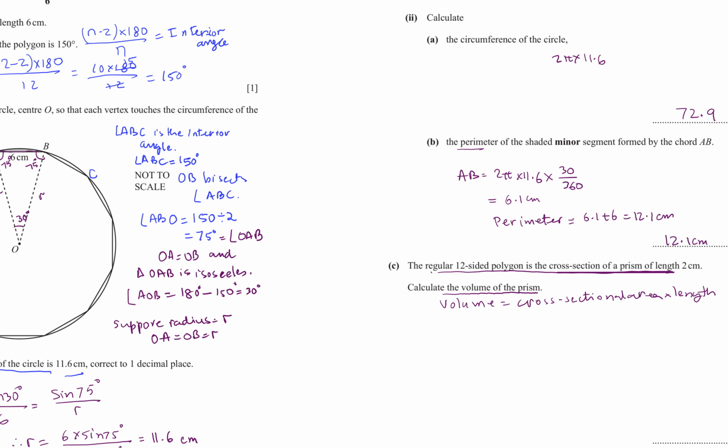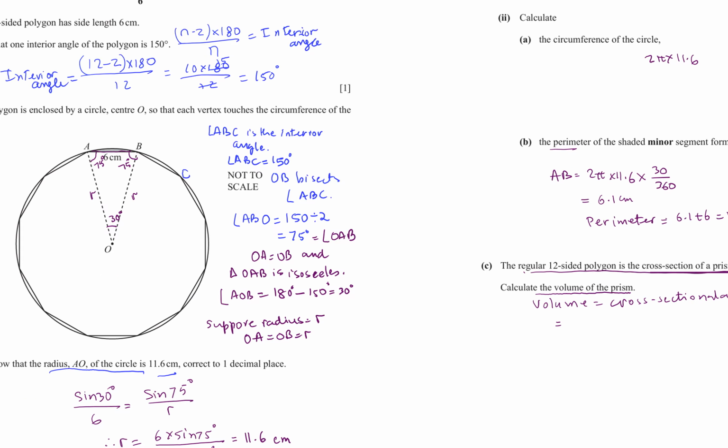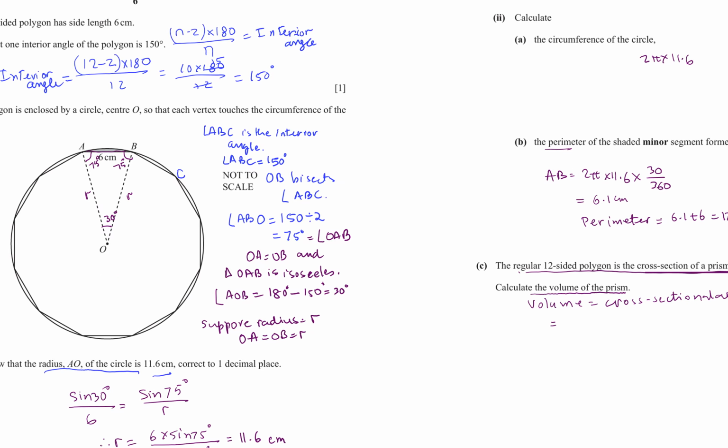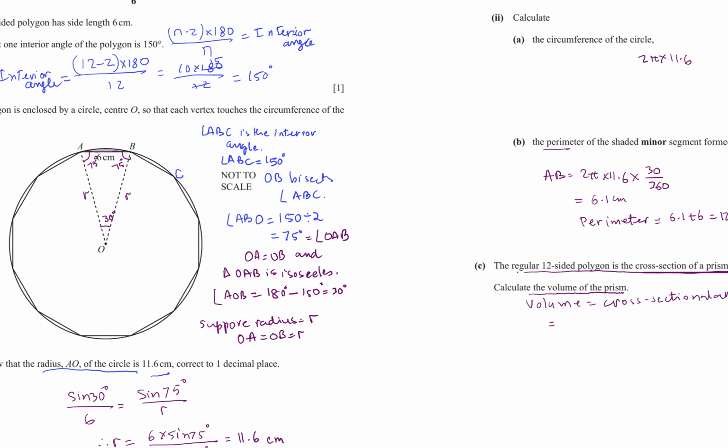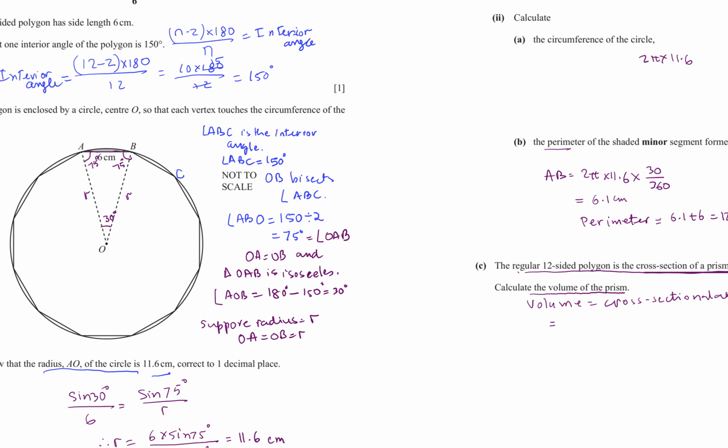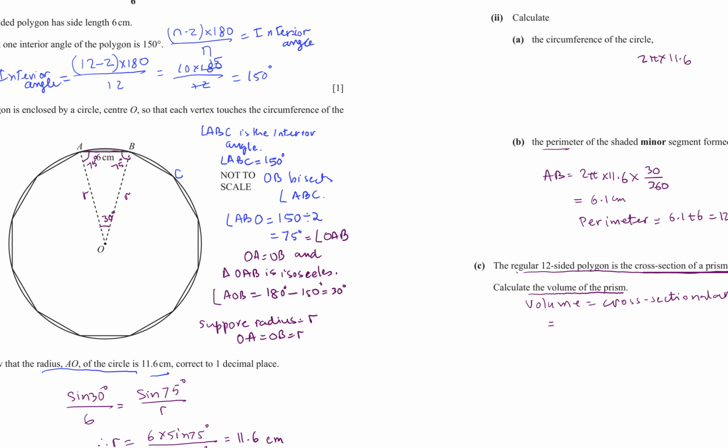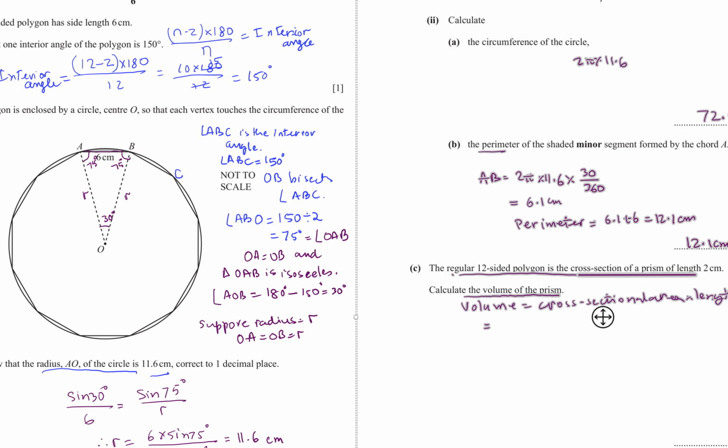I need to find the area of the polygon. So the area of the polygon would simply be area of OAB times how many sides are there? 12 sides. So that multiplied by 12.